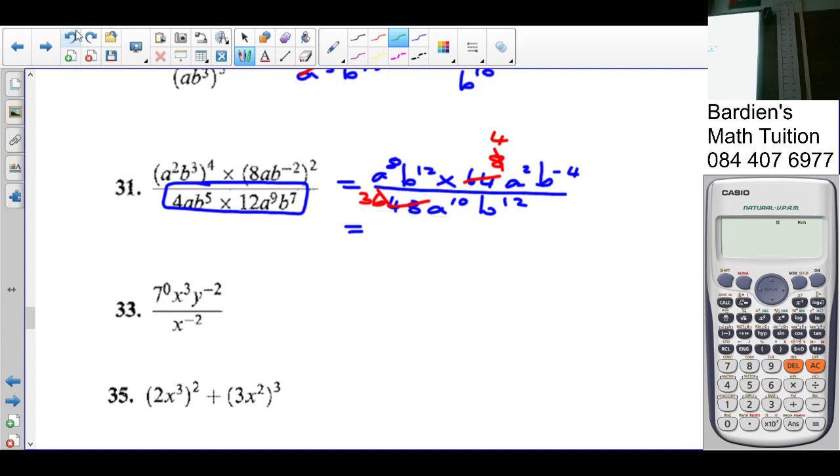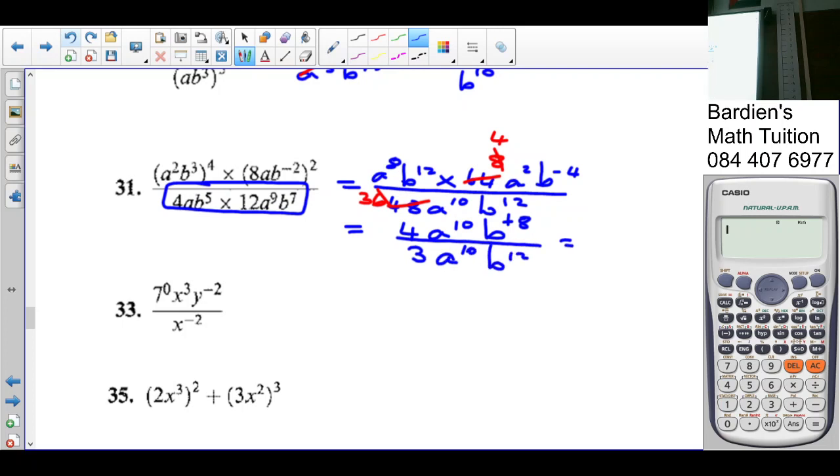Okay? So it's going to be on top 4, 8 times a squared, A10. Remember when you multiply in bases the same, you add the powers. B12 times b to the minus 4. It's b to the negative, no, positive. 12 minus 4, it's 8, over 3, a10, b12.